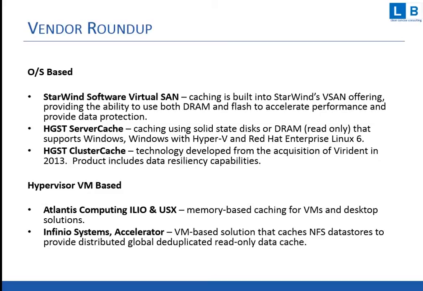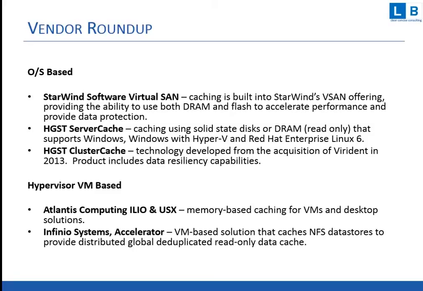Server Cache can use DRAM for read-only caching and solid-state disks and runs across typically all of your standard operating systems. Cluster Cache is a bit more advanced and it actually integrates into some other technology that came from their acquisition of Virident.